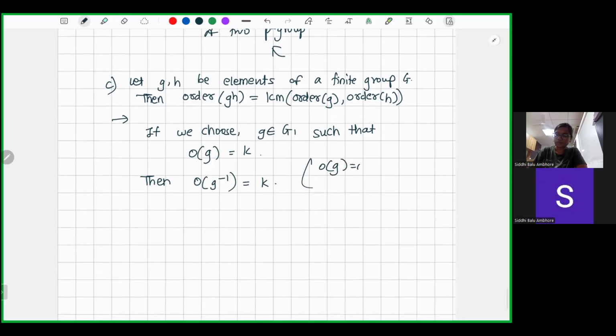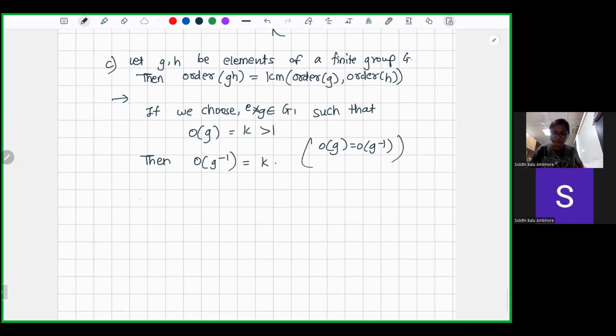If G is non-identity, K will be something greater than 1. And yes, so order of G is order of G inverse.